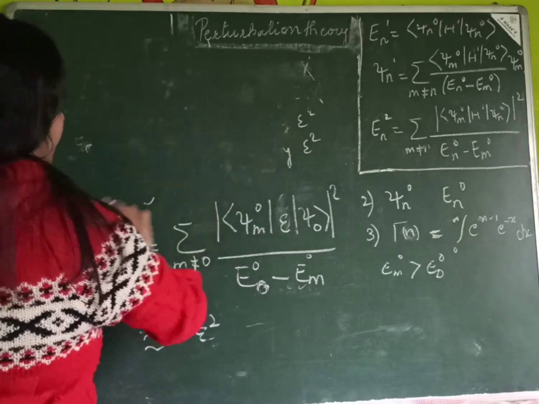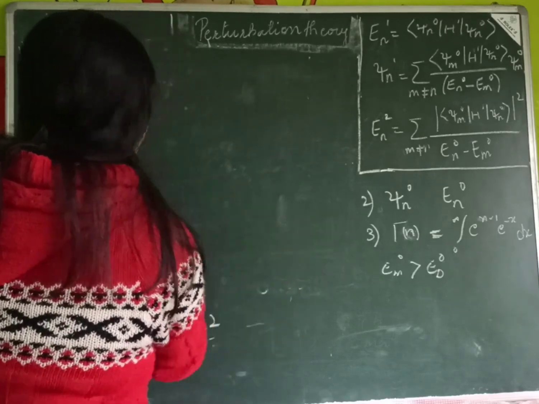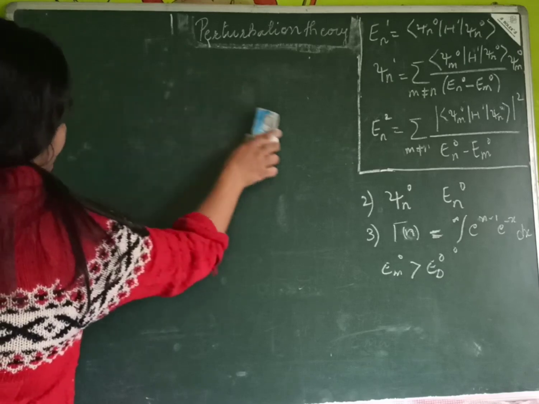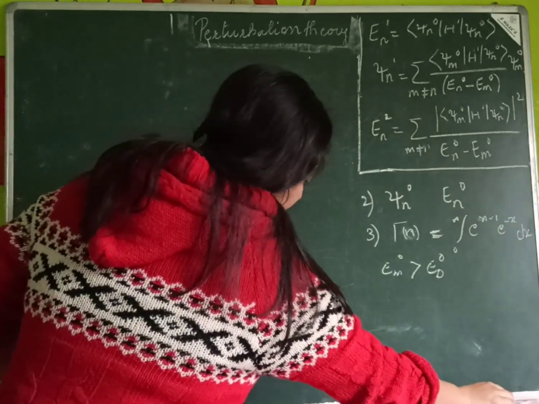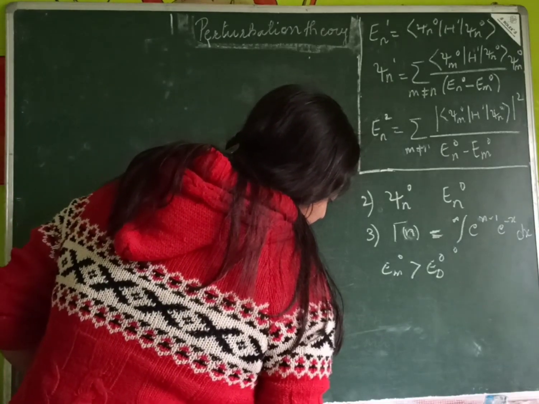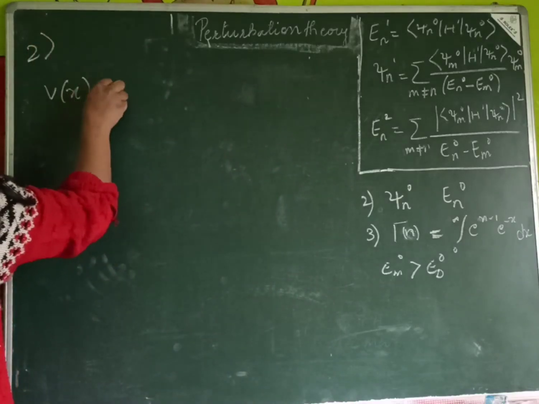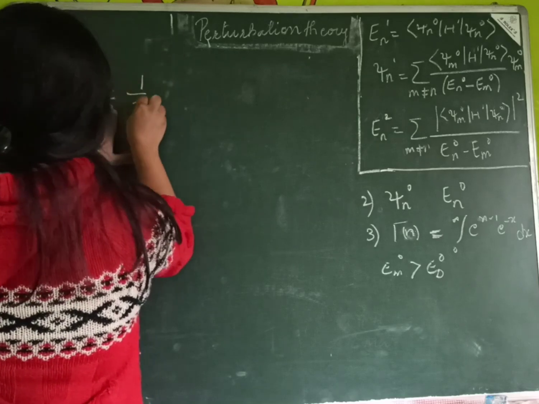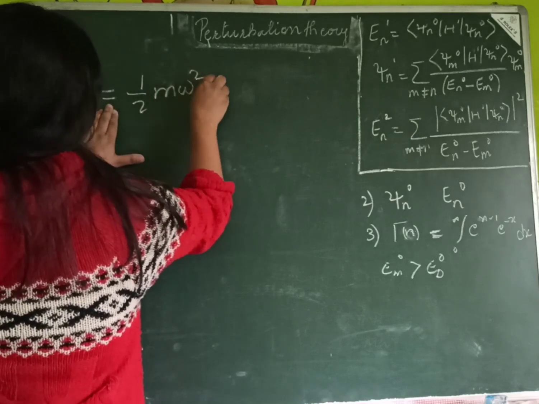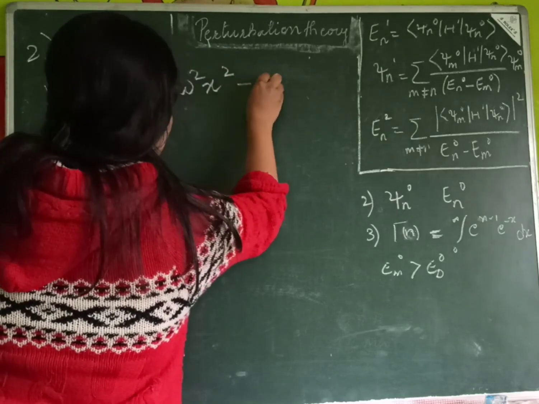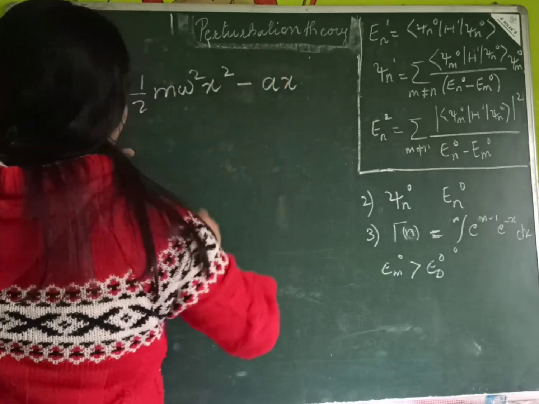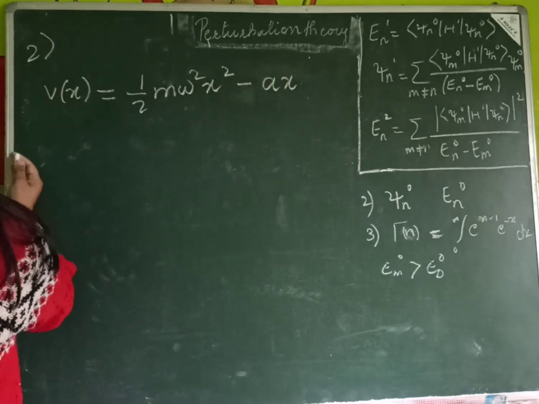Now, let us move into the second problem. The second problem here is to do with this. So it is half m omega squared x squared minus a x.